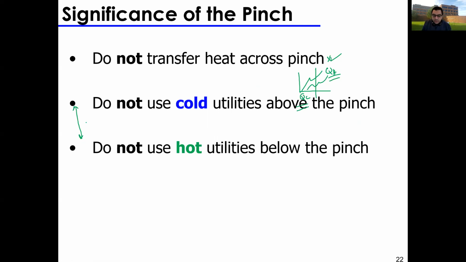If the math doesn't work out or if you don't find the right pairs, this means you did something wrong with your composite curve, but you should never use cold utilities over the pinch or hot utilities below the pinch for the simple reason that thermodynamically, it does not make sense, right? You're going to end up with something thermodynamically improbable. Okay.